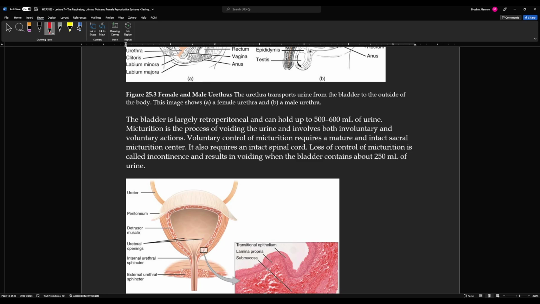Just like the ability to voluntarily void your bowel. One of the things that is often talked about with spinal cord injuries is loss of bowel and bladder control, whether you are retaining or involuntarily excreting. Those are both major issues, especially if you have any other types of symptoms.